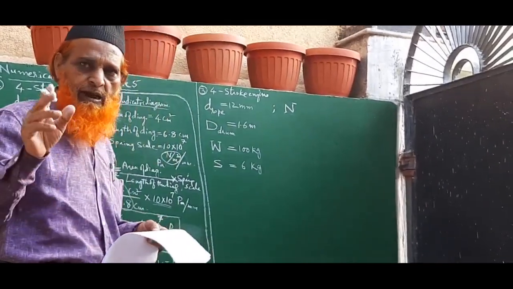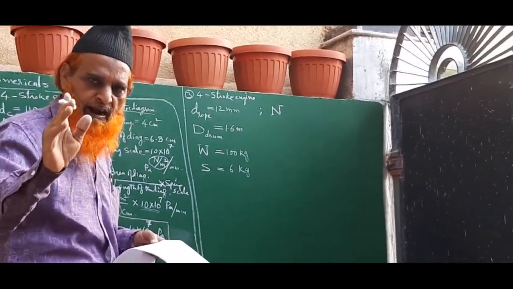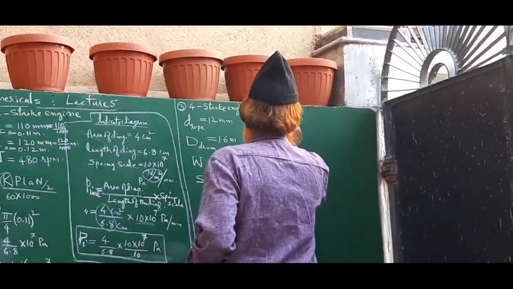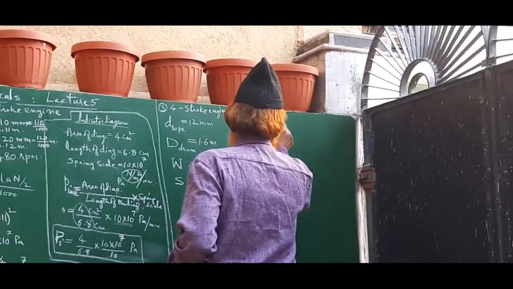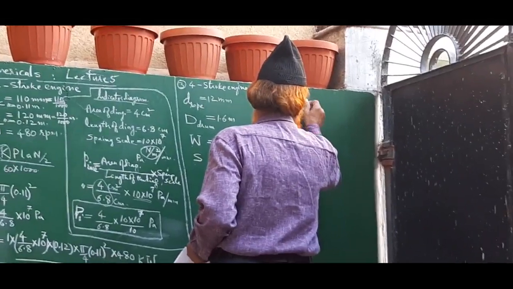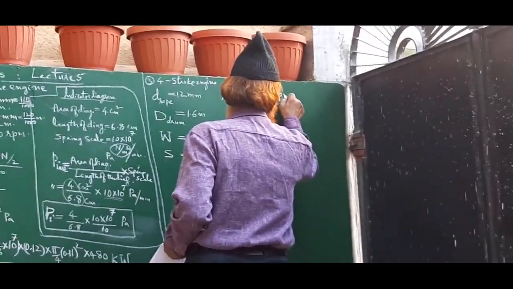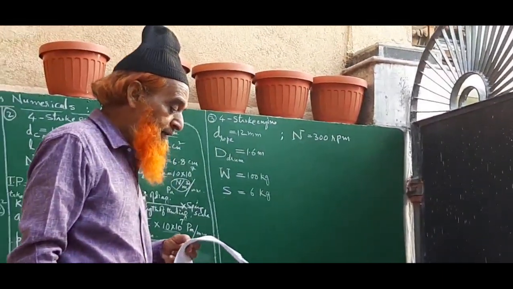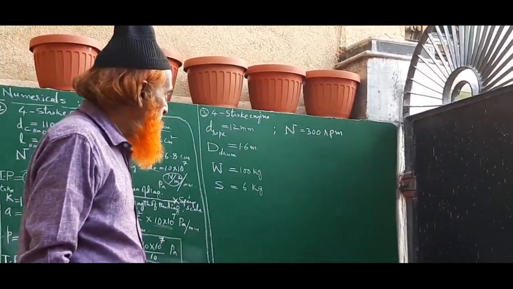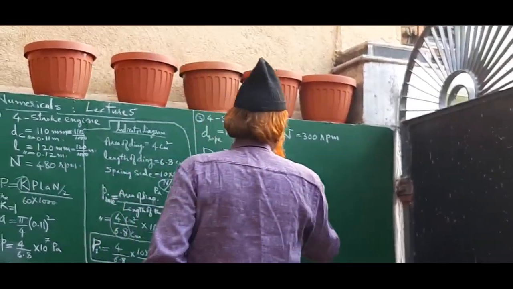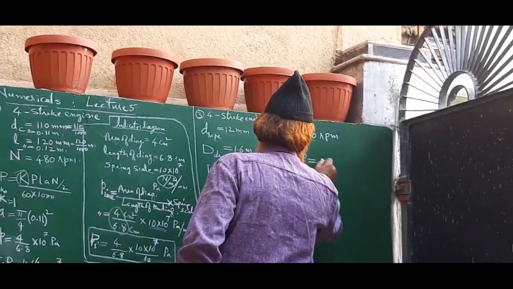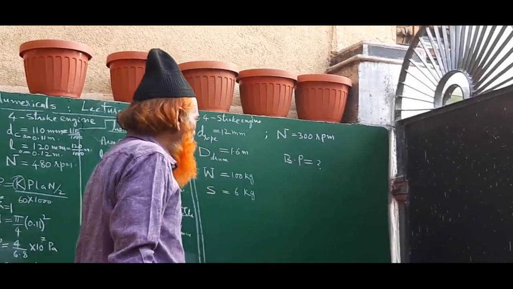RPM is given, therefore capital N, 300 RPM. Determine the brake power of the engine. What is to be determined is BP.